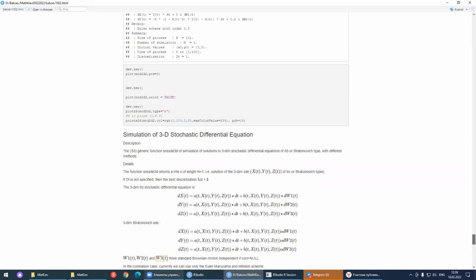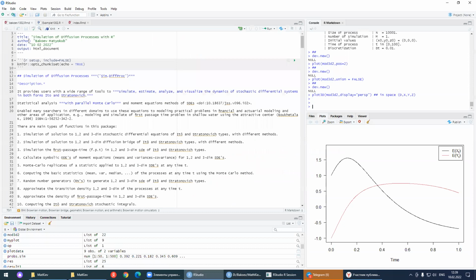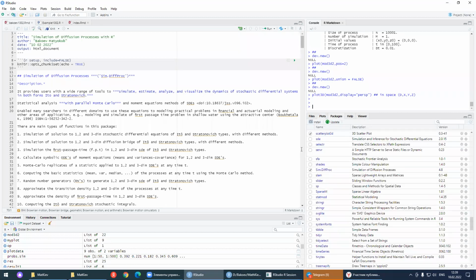Yes, you can. Okay. This is RStudio. In RStudio, we have packages, and in packages we have this simulation of diffusion processes. I'll give some examples from these packages.